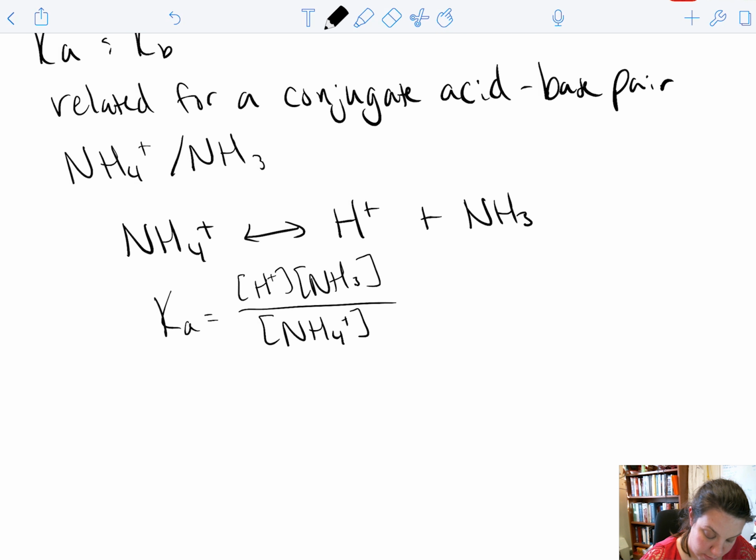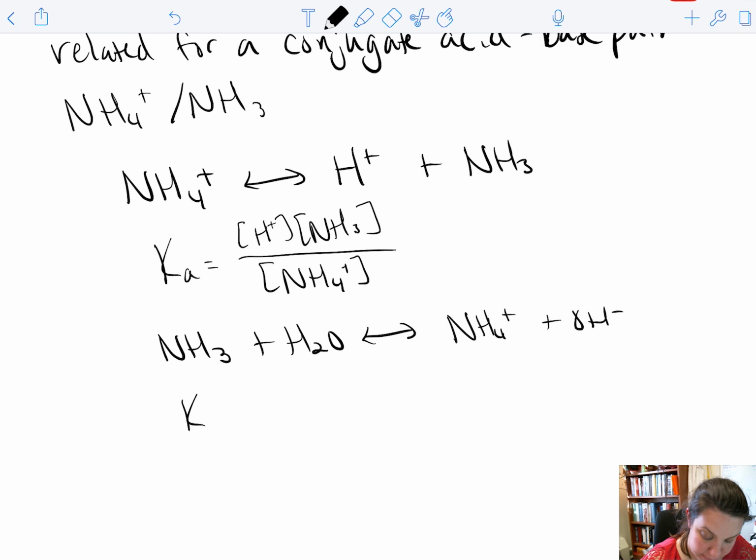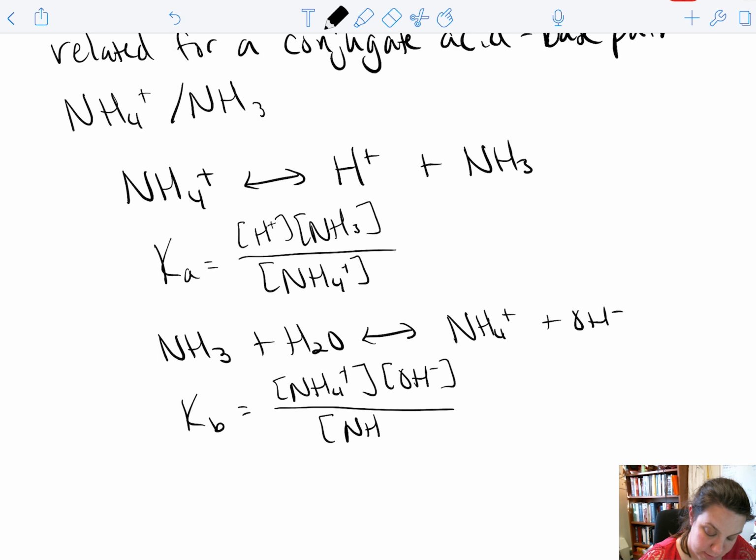For ammonia, when this breaks down, we have a Kb equal to NH4 plus times OH minus divided by NH3.